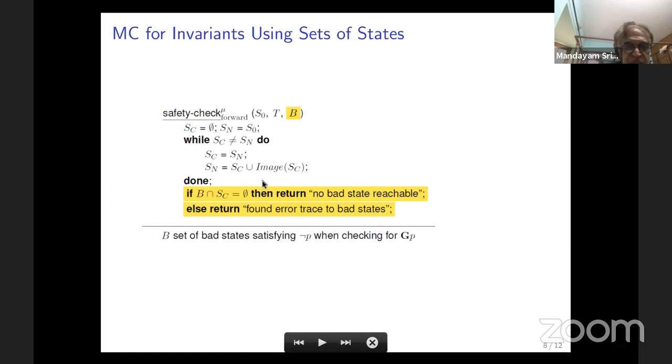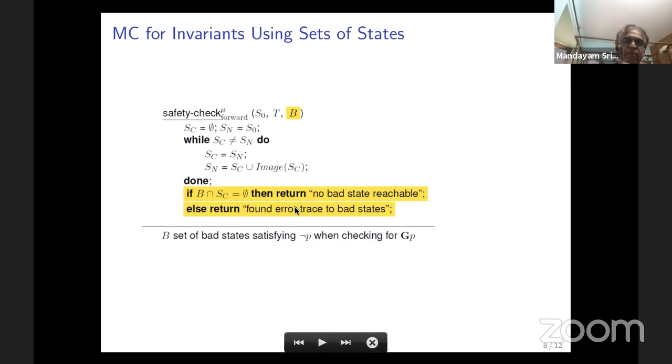So the first part, this while loop, is actually implementing the transitive closure. You start from the empty set, and then you keep iteratively adding images of the set from the previous step that you have accumulated.